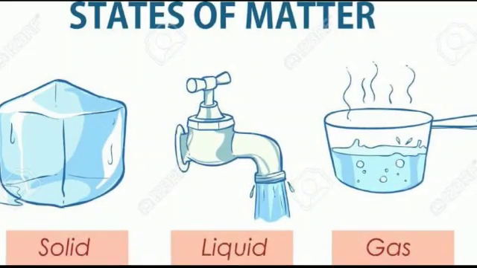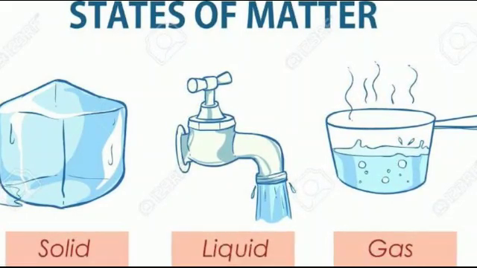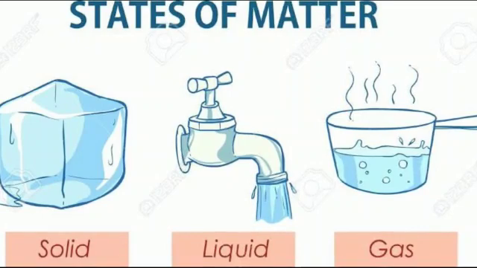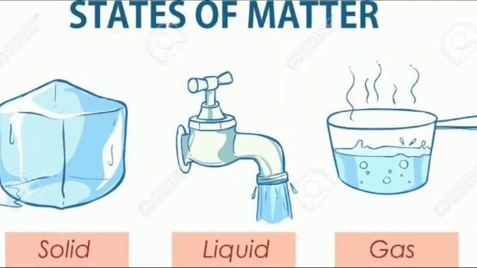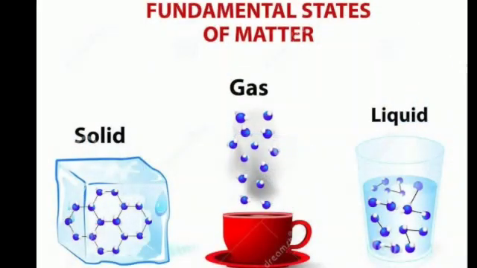Similarly, when you put the water back in the refrigerator, what happens? The liquid changes back into solid. The water will freeze into ice cubes again. So this is how on heating and cooling matter will change its state.